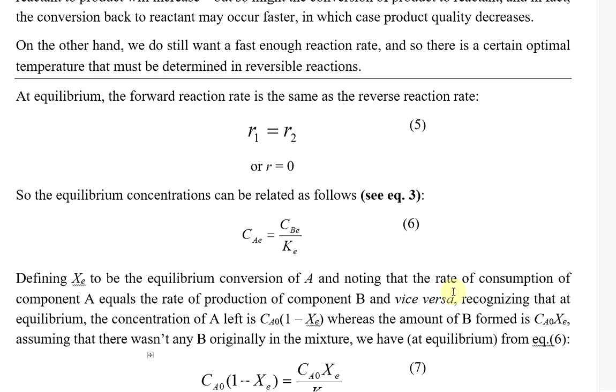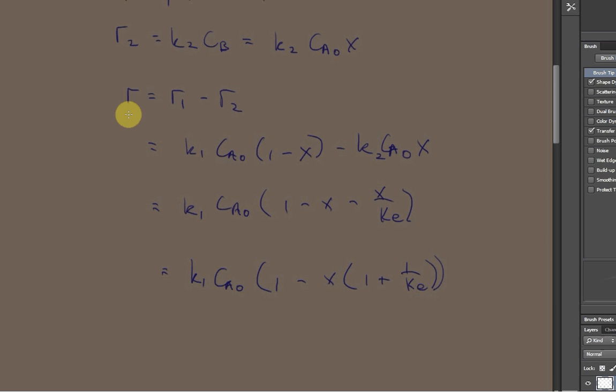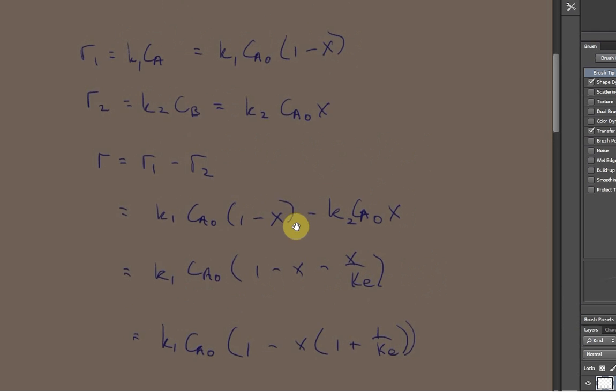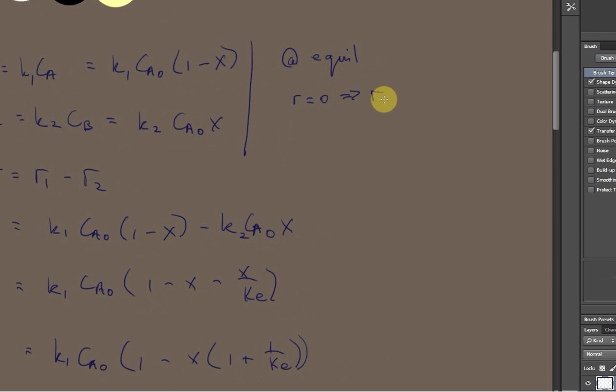And so we can see here that at equilibrium, if we require R equals 0, then these two are simply equal. So this was the general case when R is not 0, but at equilibrium, we have R equals 0, implying R1 equals R2.